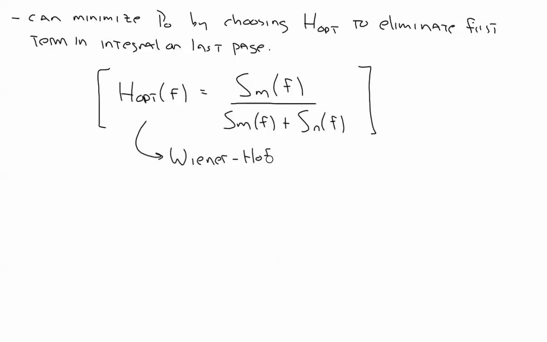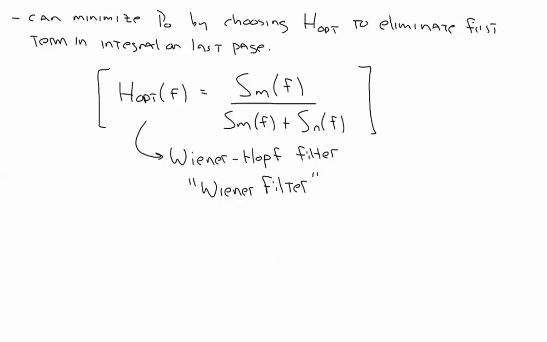Named after a couple of German engineers who investigated this type of optimum filtering way back in the 30s and 40s. It's also commonly just referred to as a Wiener filter.